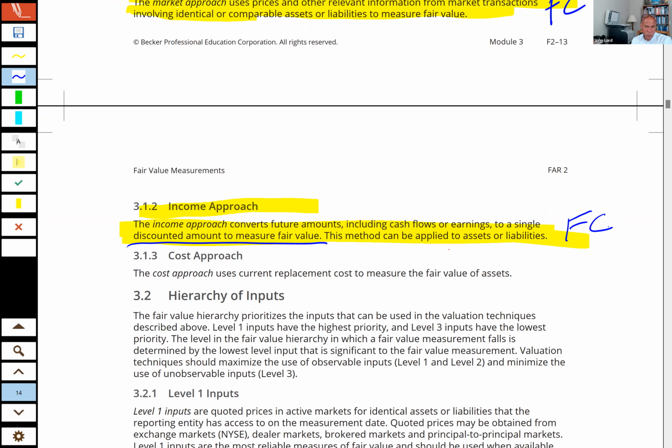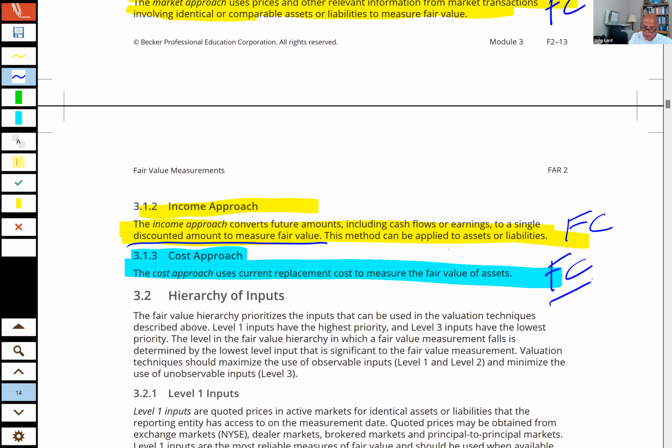You'd want to see what kind of income the person generated off of that business, discount those amounts and say, okay, here's a fair value. I'll make an offer of this amount for your business. The cost approach says, what would it cost me to replace that asset? And so you might look at the current selling price of similar assets that they might want to replace.